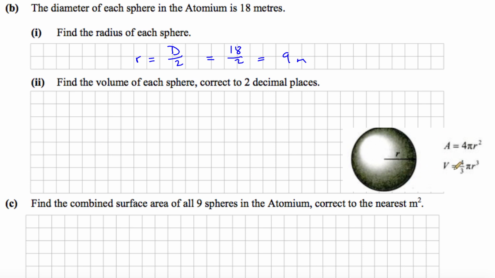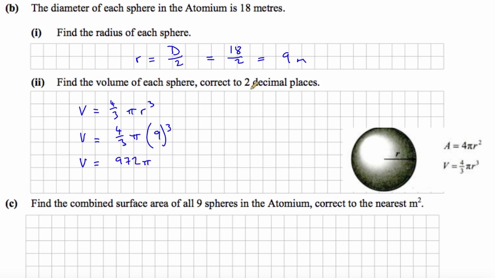Well, for the volume, I've taken this part here from the tables book, these formulas for a sphere. So you can see the volume is 4/3 pi r cubed for a sphere. So we're going to do 4/3 by pi, changing the r to 9 cubed, and then on the calculator that gives me 972 pi.